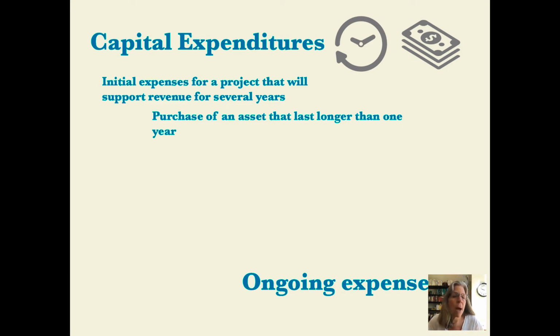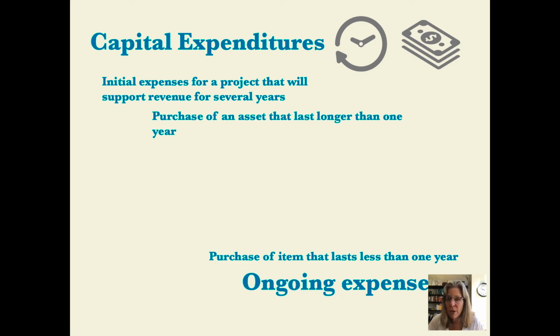Now, sometimes we buy assets that last just 1 year. So maybe some sort of supplies, like office supplies, that's an asset that we purchase, but it only lasts a year. So that's considered an ongoing expense. These are purchases of items that last less than a year.